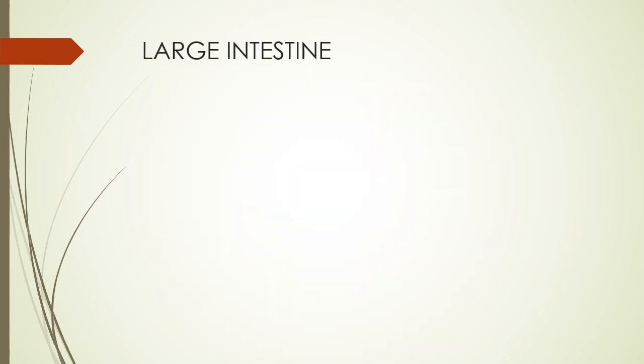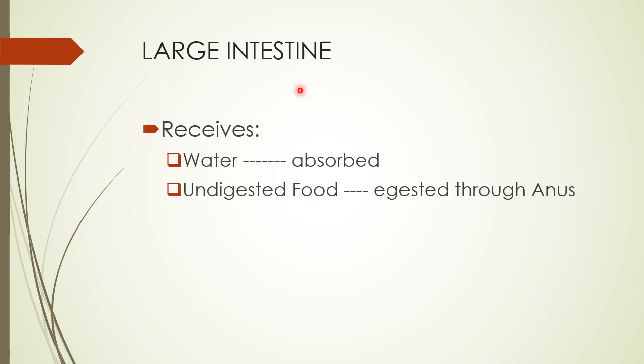So if complete digestion and absorption is done in the small intestine, what does the large intestine do? Two very important functions. It receives water along with the undigested food.